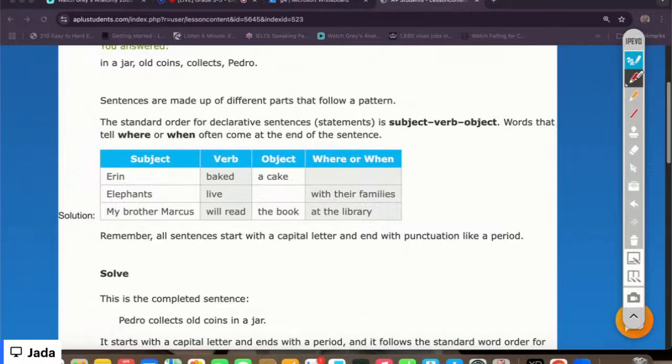Alright, so we will start now. Sentences are made up of different parts that follow a pattern.